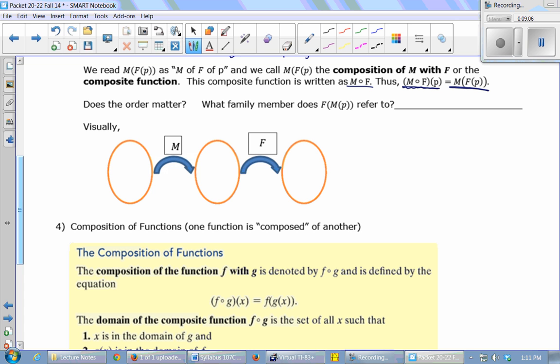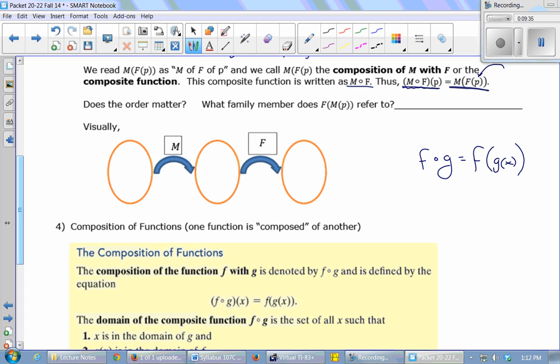With composition, you always work from the inside out. P is your input, and then you take the father of that person and then the mother of that person. So if I wrote F circle G, that would mean F of G of X.